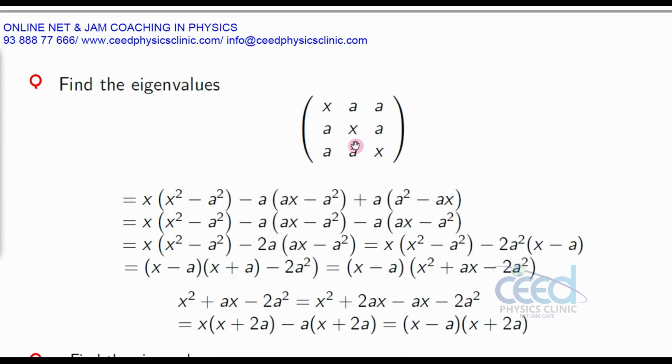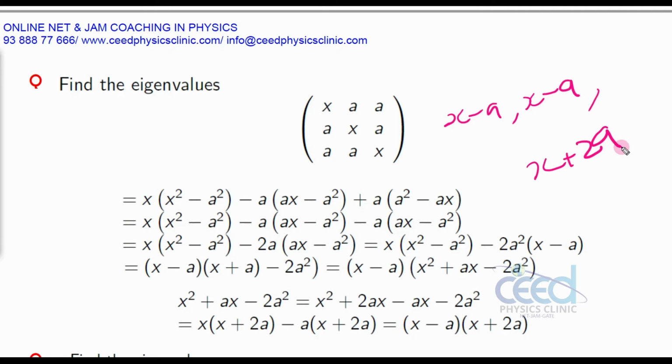If you get a matrix like this, you can directly say its eigenvalues are X minus A, again X minus A, and the next eigenvalue is X plus 2A. So this is the method: X minus A, X minus A and X plus 2A. Those are the eigenvalues.